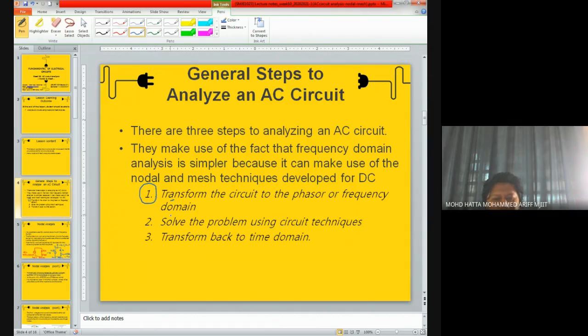You need to transform your circuit from time domain into frequency domain. If you don't know how to transform your circuit from time domain to frequency domain, start doing it now.